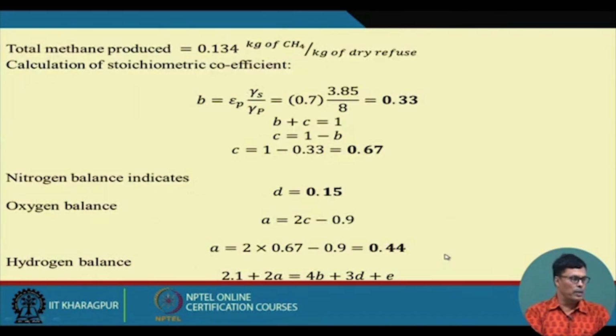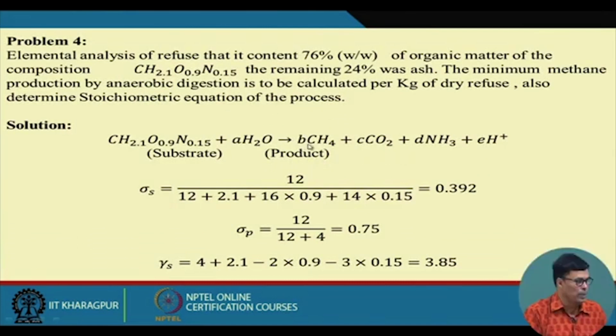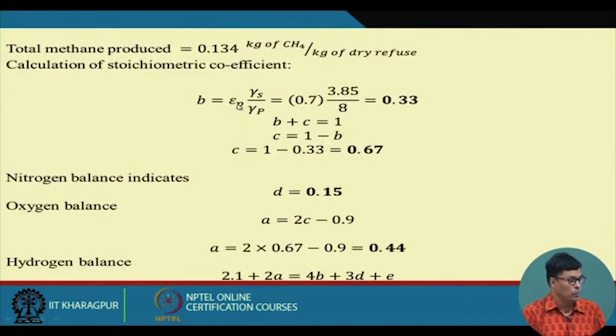Then we can also find out the other components required for this. One by one we can calculate. You know this equation. The b is the product, that is the Y p value, which we can easily calculate as this ratio.